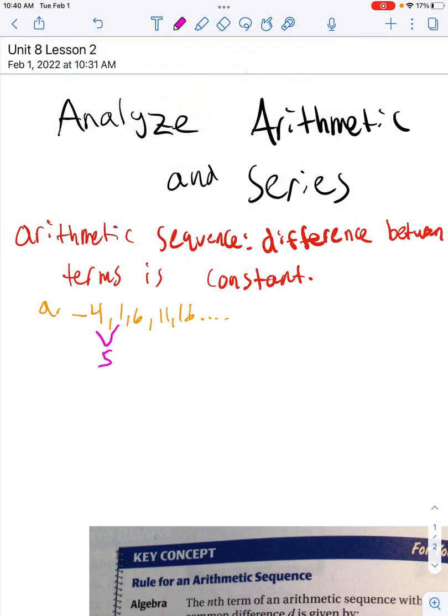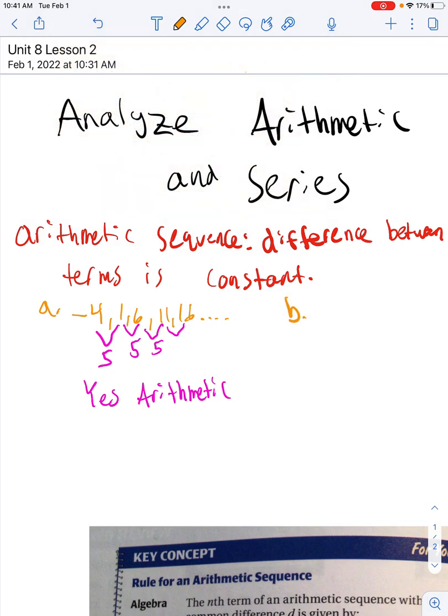So the difference here is 5. What's the difference between the third term and the second term? The difference is 5. The difference is 5. So this is an arithmetic sequence.